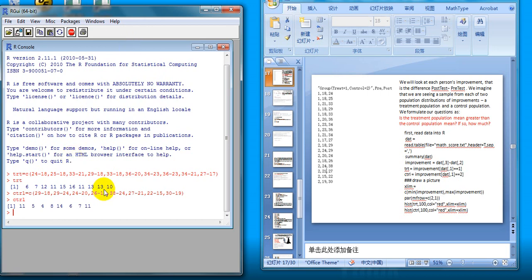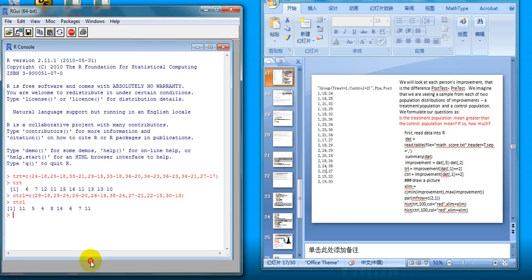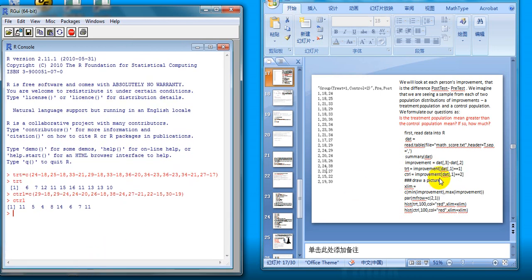So we have 10 numbers in treatment, we have 8 numbers in control. Okay, so then we can run those code. Let's see.